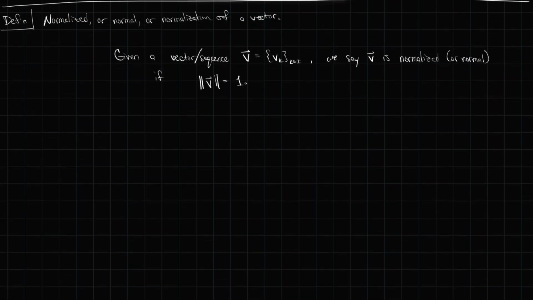So 1, of course, is a very special number. It's the multiplicative identity. And so it's very useful to refer to vectors with norm 1, since the norm kind of refers to the distance from the origin. This would be distance 1 from the 0 vector. And hence, let's just go in 3 dimensions really quick. There's my 3-dimensional axes. The point in the middle is our 0 vector, the origin. And I consider the collection of all points that are distance 1 away.